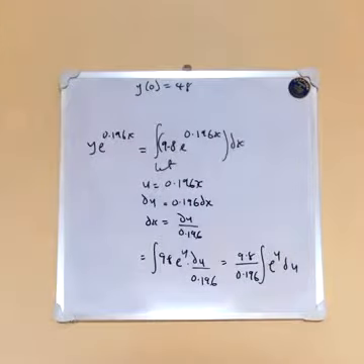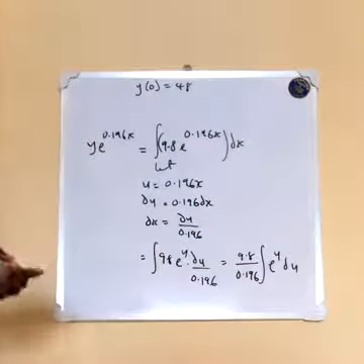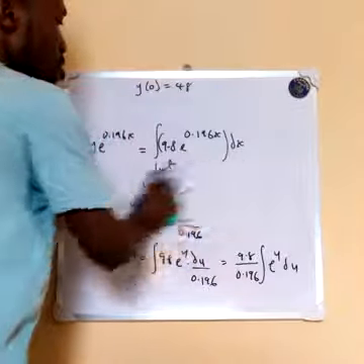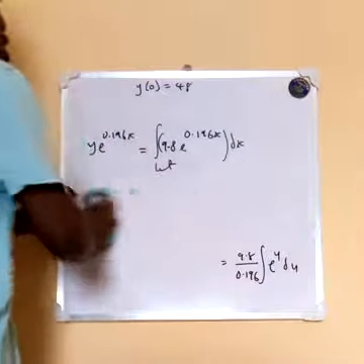That is what you have. So this over this is constant. From there you can move on.